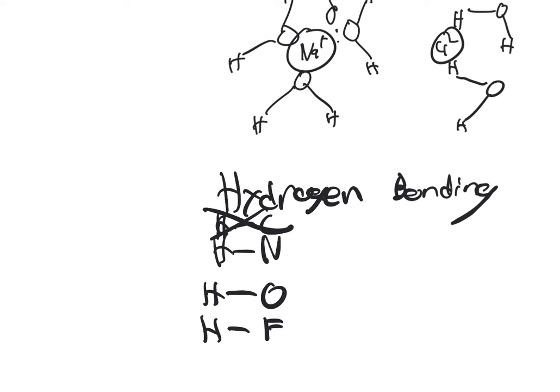Whenever you have one of these bonds, it's going to have very strong intermolecular forces. So if an AP question is asking you which molecules have the highest intermolecular forces or the highest boiling points, then the first thing you want to look for is hydrogen bonding.